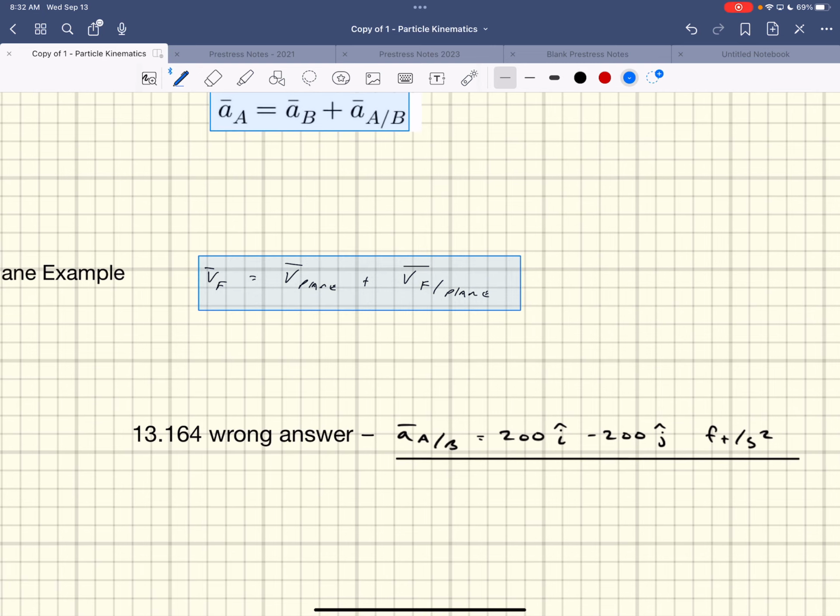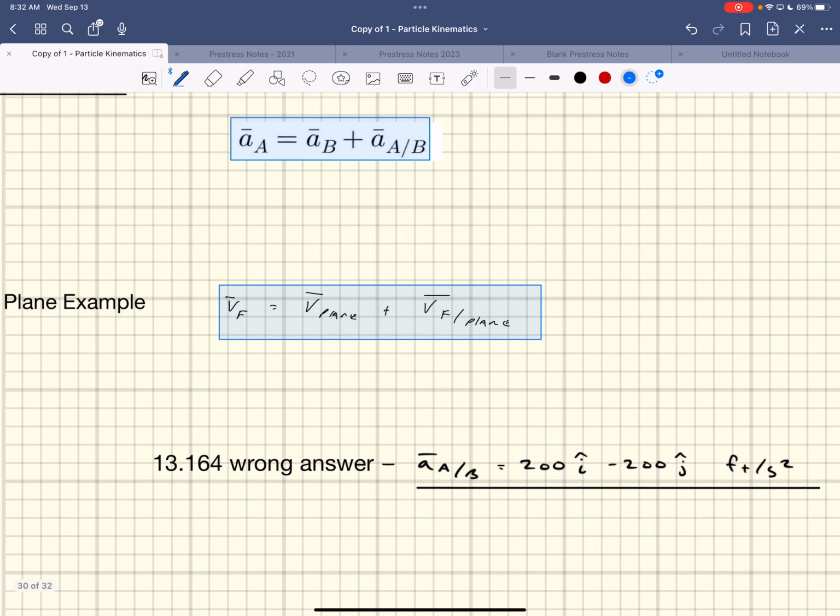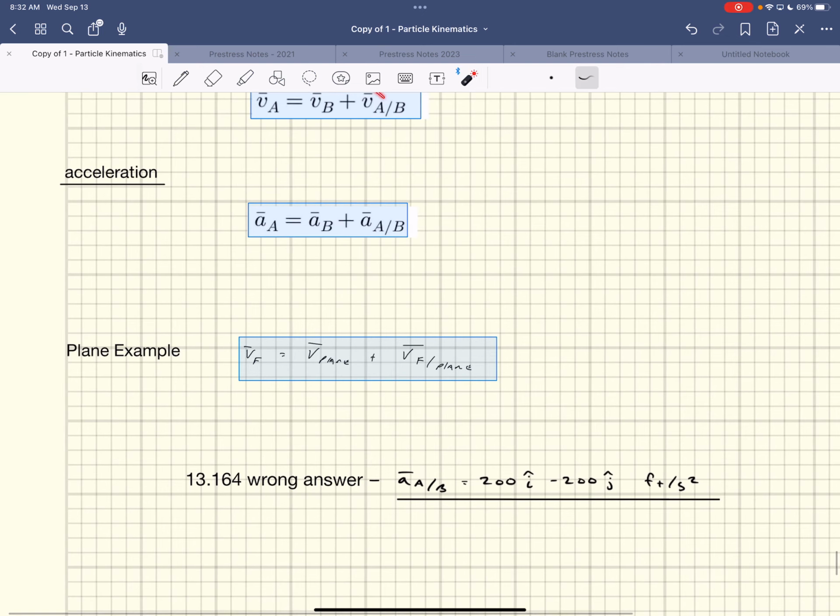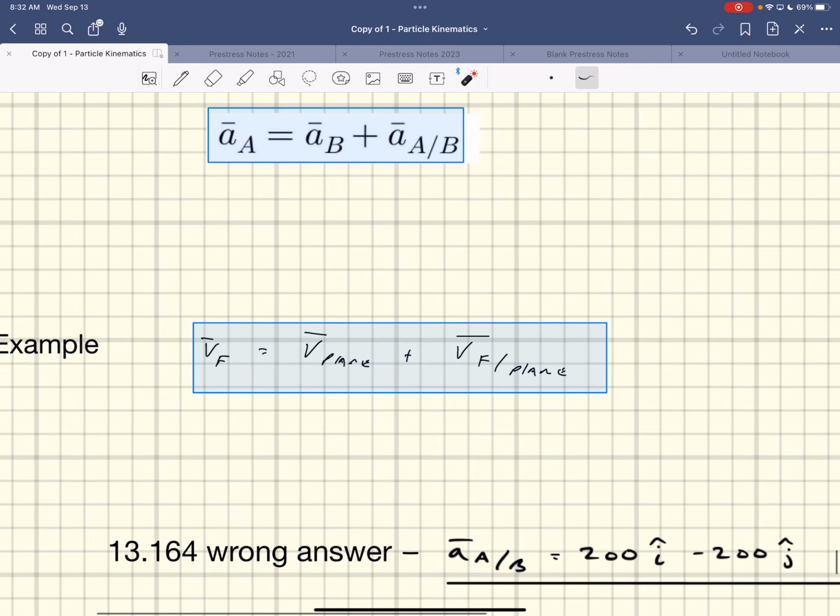That's just common sense. If you apply this methodology, it goes to what your logic would say would happen. You take the velocity of the plane plus the velocity of the Frisbee as seen from the plane, and it gives you the total velocity.